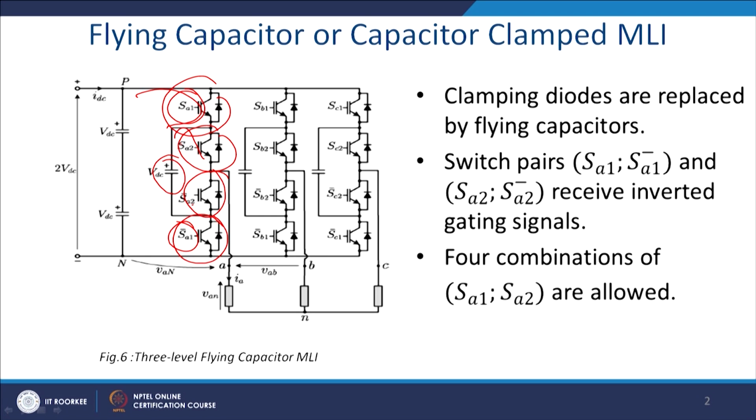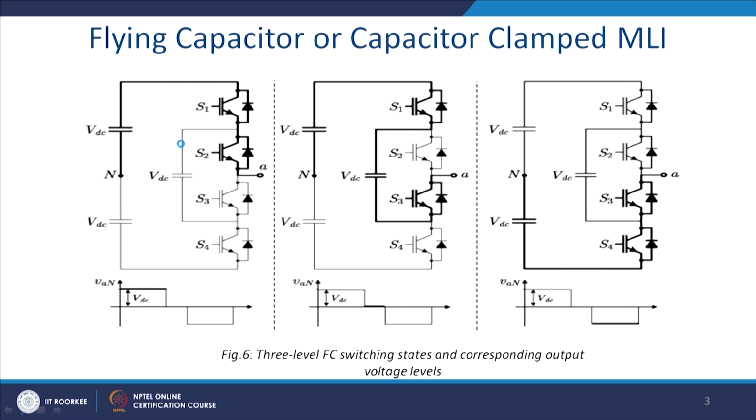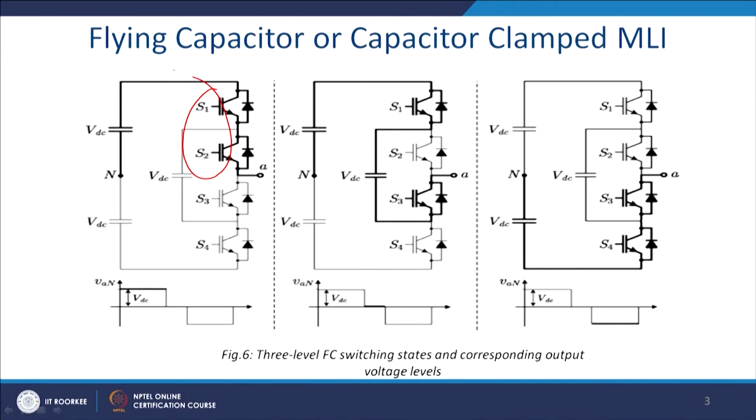We require to charge the capacitor so that a differentiable voltage can be obtained. So when you want to connect this point A to the higher end of the DC bus voltage, then both S1 and S2 should be on and S3, S4 should be off, and thus you get this voltage.